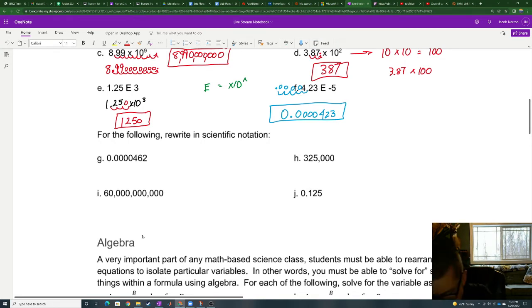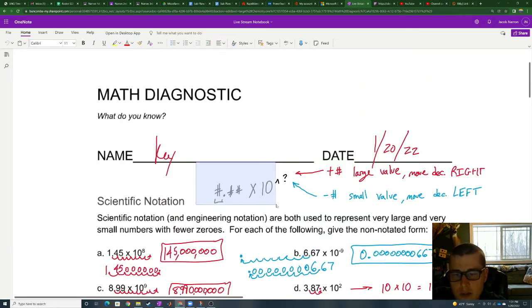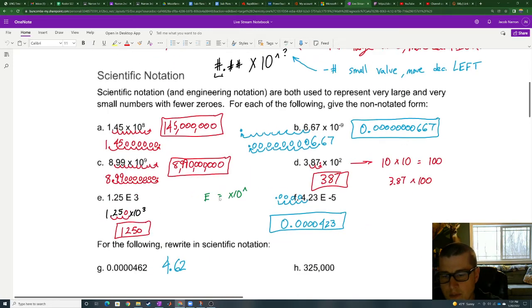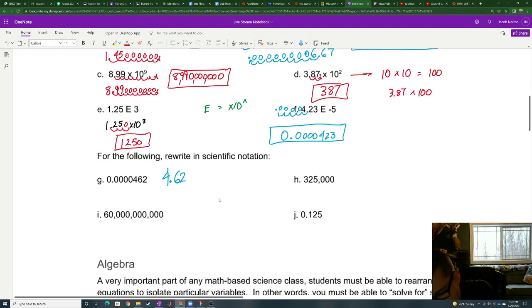And so as I look at this, I could go ahead and say, I know I want something that looks like this, 4.62, right? Because you always do one number, in this case it's a 4, and then the decimal. Like, look back at our format, right? It's always going to be some number, decimal, and then everything else, all right? The same thing's true here. And then I know it's going to be times 10 to the negative something, because that's a very small number.